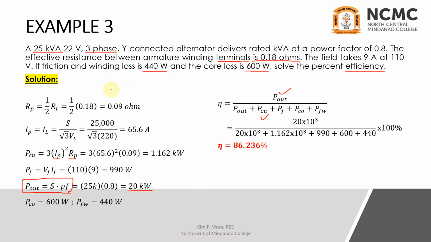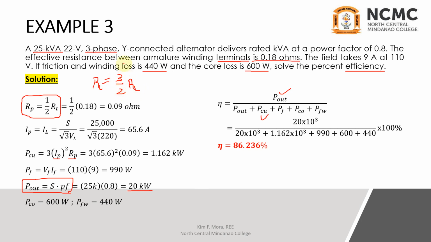Terminal resistance, or that is our RT. So ato sang pangitaon ang per phase nga resistance. So RP is equal to, this was actually discussed sa previous nga lesson, no? So kung RL or line resistance, lahi po yung formula, katong 3 halves sa ato ang RT.